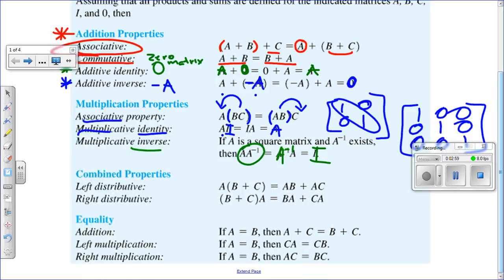If you say that 2 matrices are equal, as long as you add the same matrix to both, that equivalence will still remain. If you're saying 2 matrices are equal and you multiply by the same constant, the equivalence is still there. That will, of course, work for left or right multiplication, as long as the multiplication is defined.